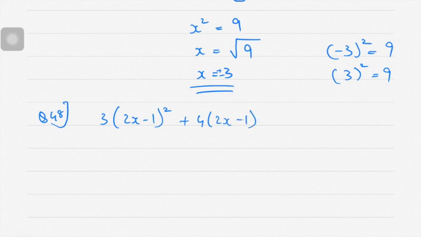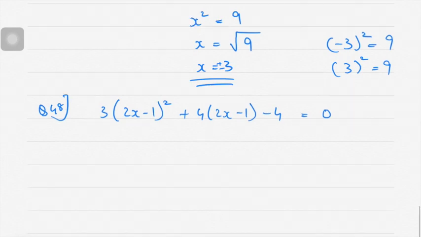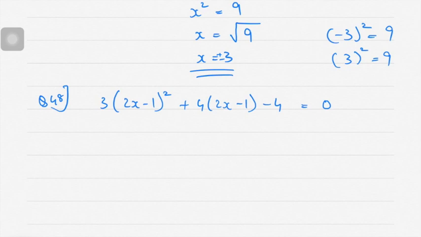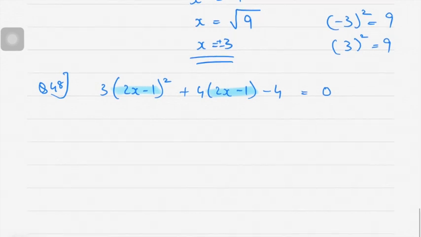Three into 2x minus 1 the whole square plus 4 into 2x minus 1 minus 4 is equal to 0. So this is the equation. Now if you notice, in the bracket, 2x minus 1 and 2x minus 1, the bracket is the same.